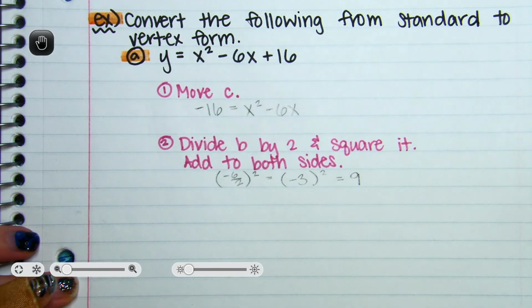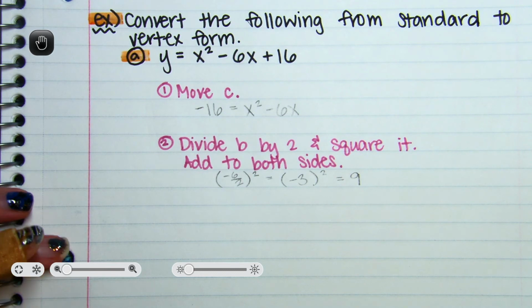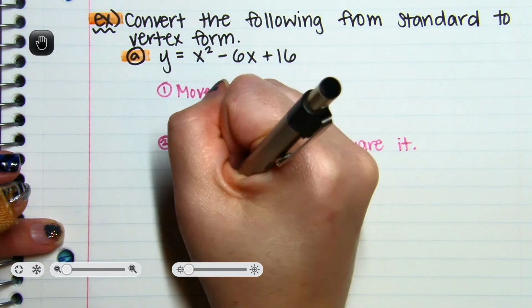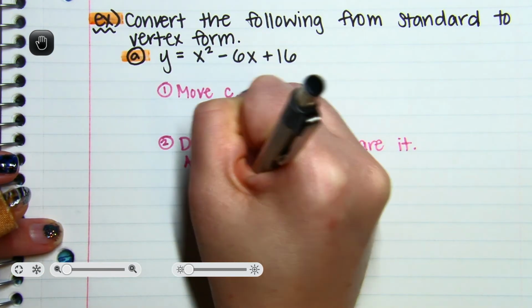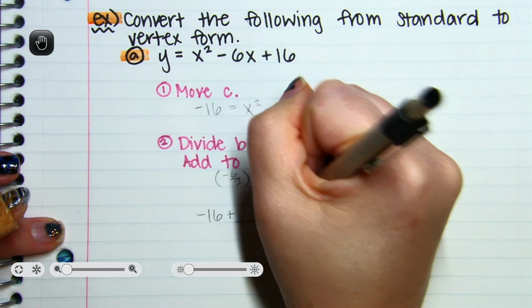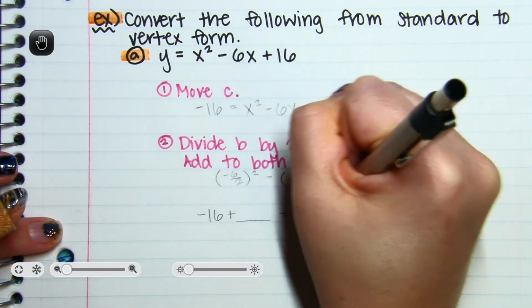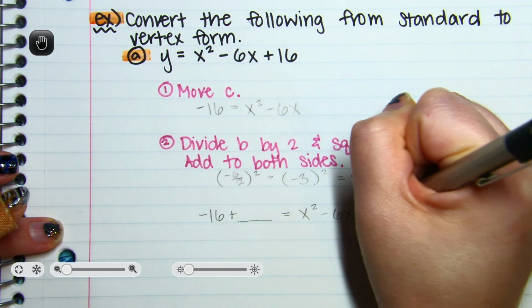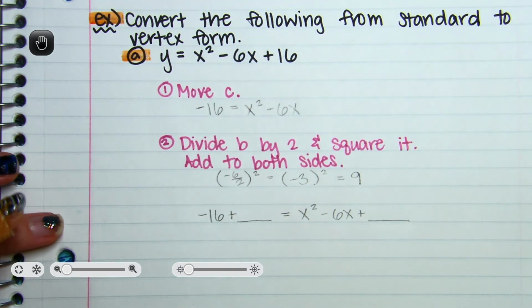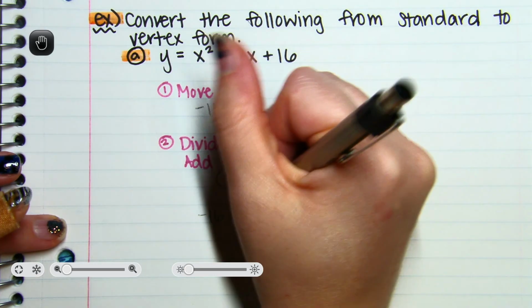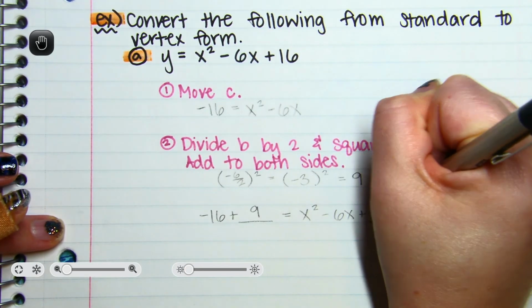So I'm going to be adding 9 to both sides. So I'm going to have negative 16 plus, I like to put a placeholder, equals x squared minus 6x plus, and a placeholder, so that I make sure I am actually adding it to both sides. So I'm going to write the positive 9 in both spots.